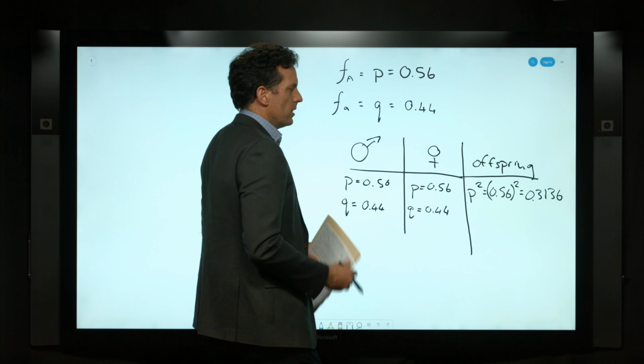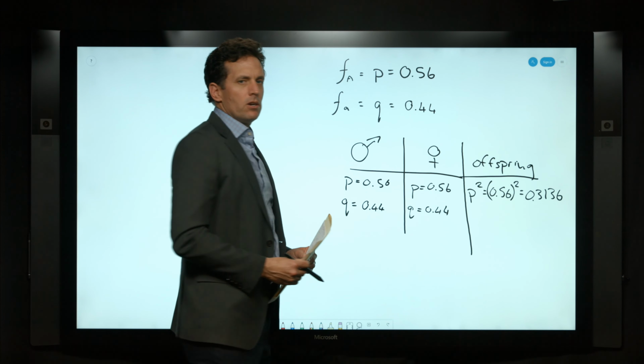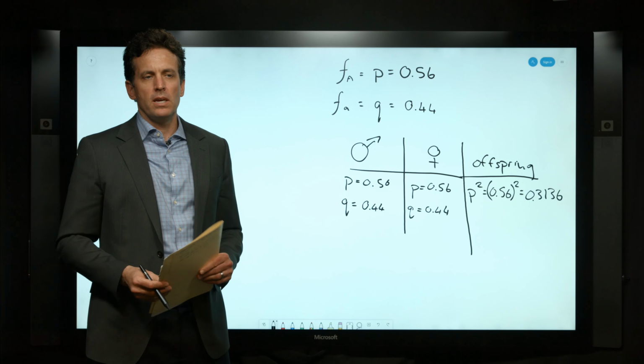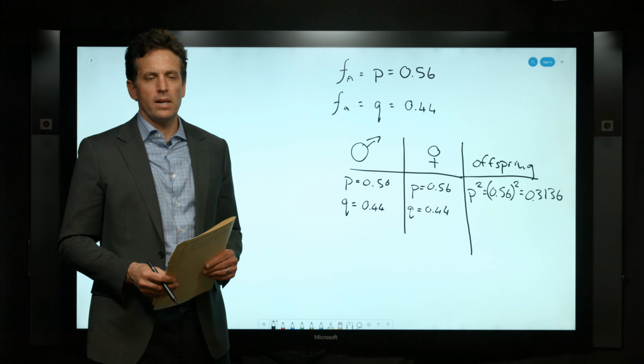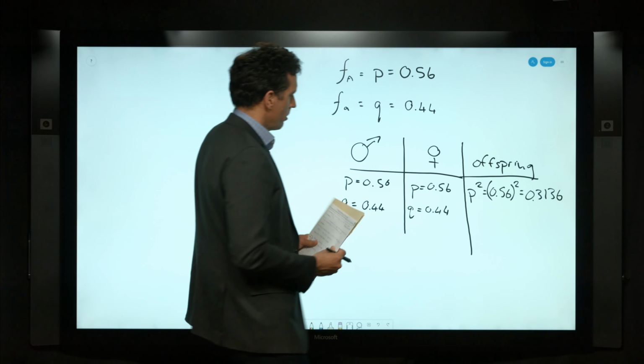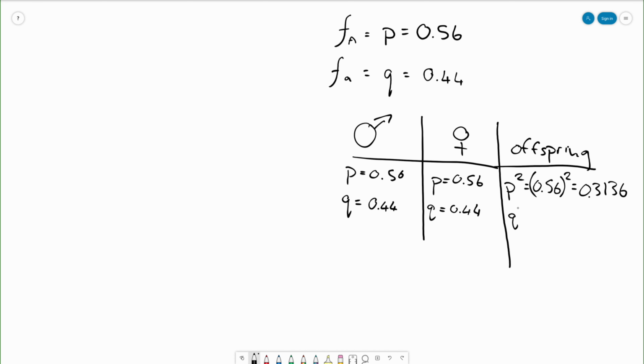And so when we think about the offspring, the probability that an offspring formed from the current generation is going to be homozygous for the little a allele is simply the product, which is Q squared, which is 0.44 squared, which is equal to 0.1936.